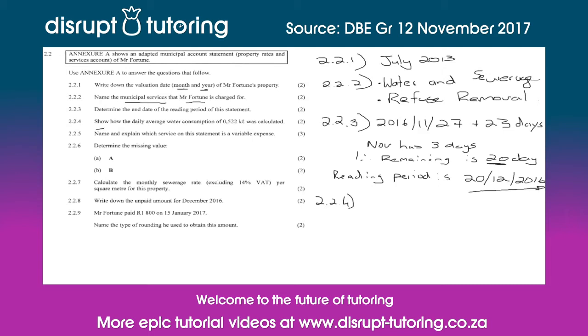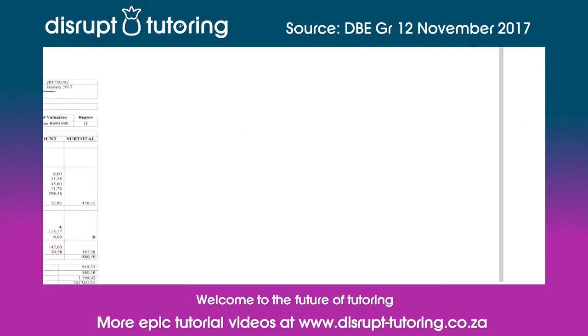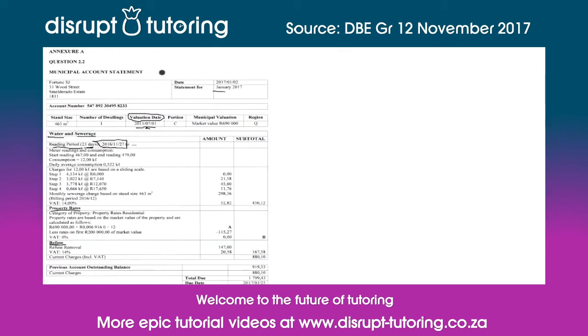Show how the daily average water consumption of 0.522 kiloliters was calculated. So what we have to do here is go back to the statement. They've shown us that the consumption here was 12,000 kiloliters. And they said that this was for 23 days. That was the reading period. So we need to find out how much on average was used per day.